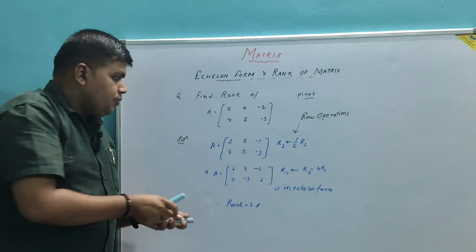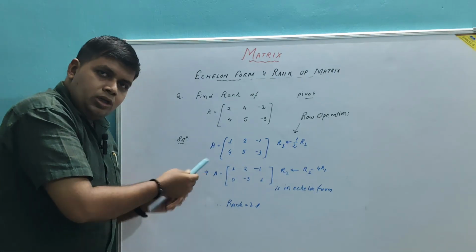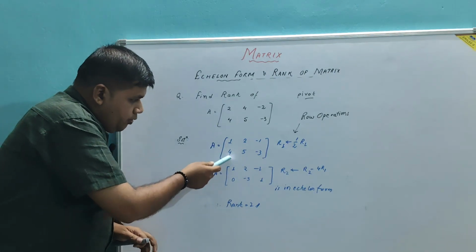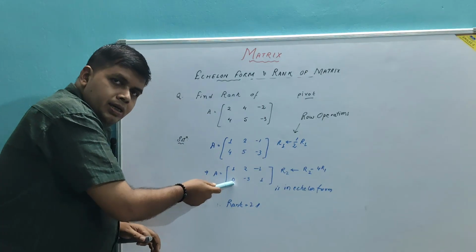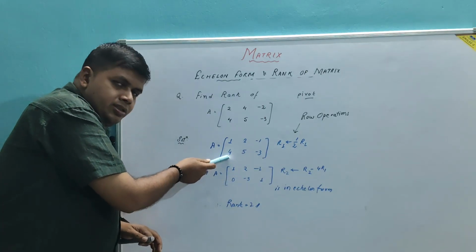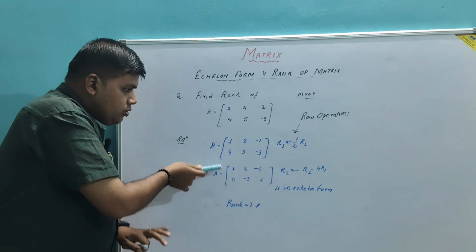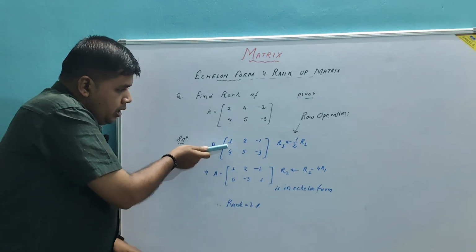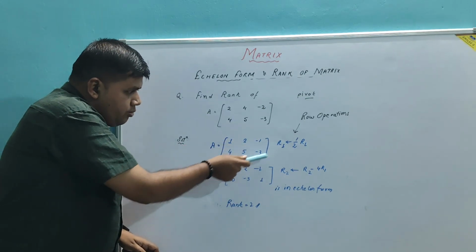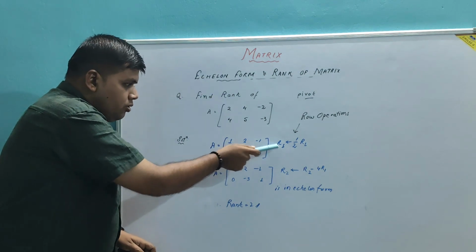Now, since we have to convert it into echelon form, we have to make the second row elements 0 as far as possible. So how can we make it 0? This is the matrix we obtained after the row operation.